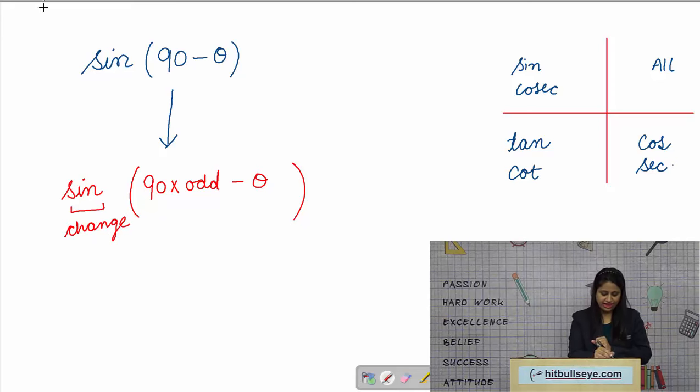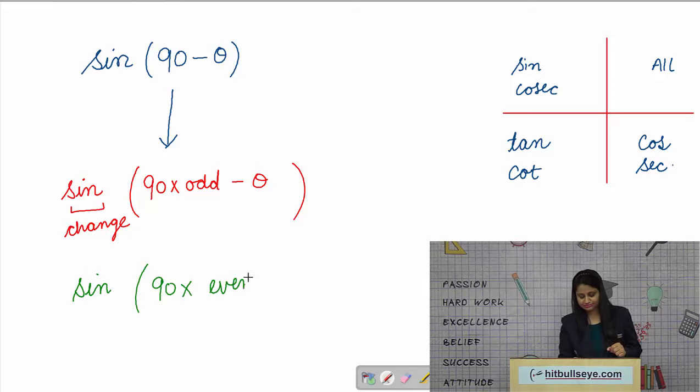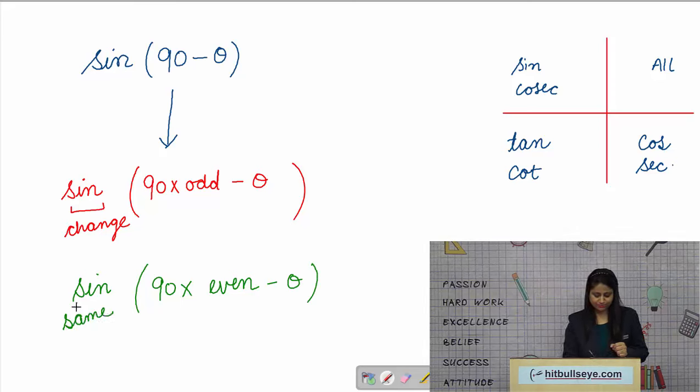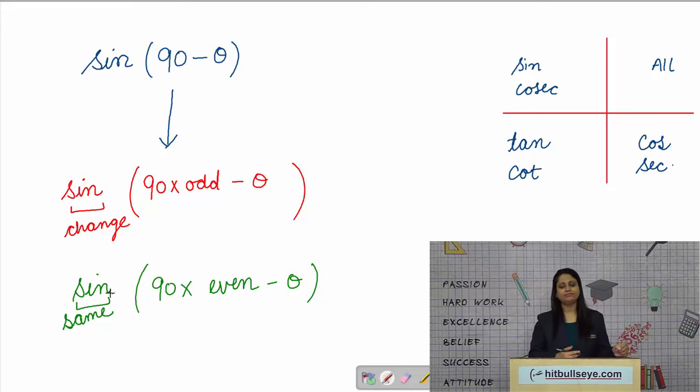And whenever we have 90 into an even multiple, it will never change. It will remain the same. So sine will become sine if we have 90 into an even multiple, any even multiple of 90, for example 90, 180, 360 and so on. And if there is an odd multiple of 90, then it will change.